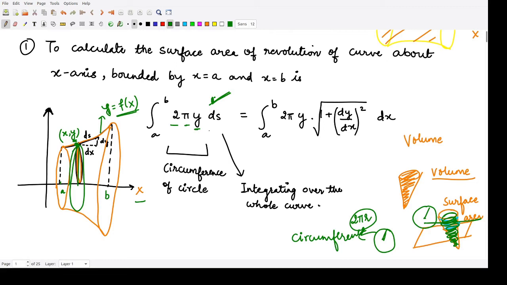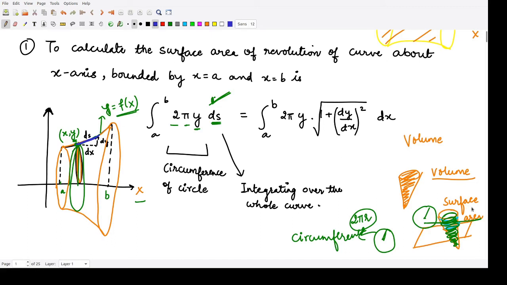So this is the formula that is required to calculate the surface area of revolution of this curve. Now if you see, it is given in terms of ds. What is ds? ds is the length of this arc here. For the purpose of visualization, I am creating this as it is not visible.